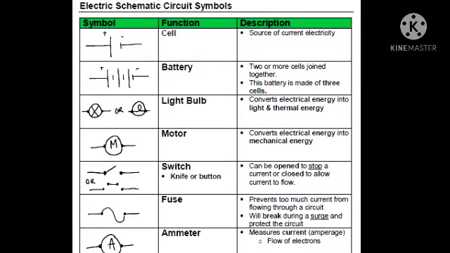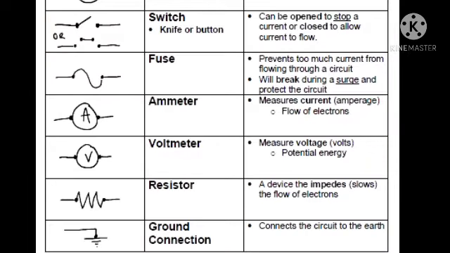Ammeter: measures current flow of electrons. Voltmeter: measures voltage, volts, potential energy. Resistor: a device that impedes, slows the flow of electrons. Ground connection: connects the circuit to the earth.